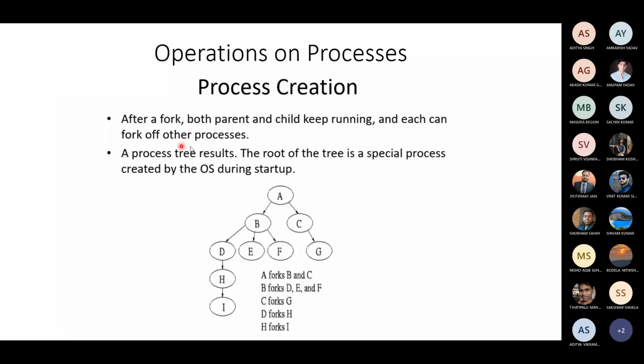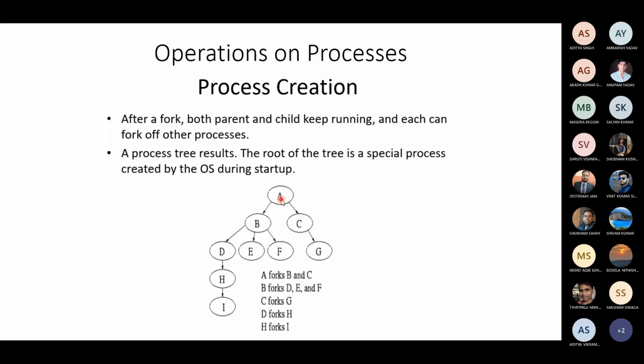So for example, a process tree can result in this way. The root of the tree is a special process created by the operating system during startup. Initially, the root of the tree is like the bootstrap program. Once the bootstrap program is loaded, it will load the operating system.